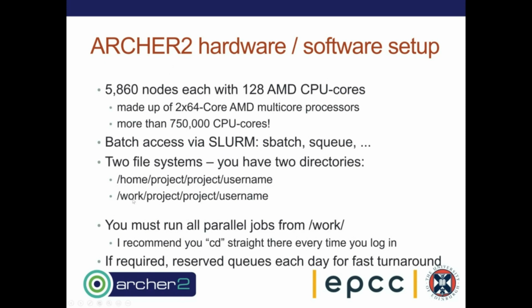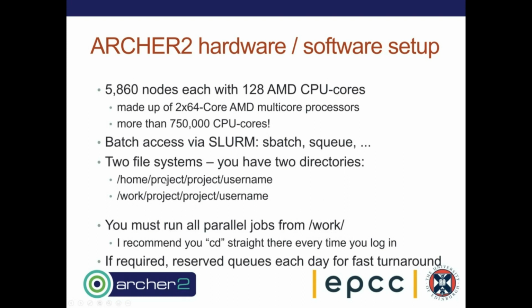But you also get given a directory on work. This is important because the work file system is the only one you can see from the compute nodes. So all jobs that run on the compute nodes need to have their data and programs on the work file system. And that means we need to make sure that we put things there that we're going to run on the compute nodes.